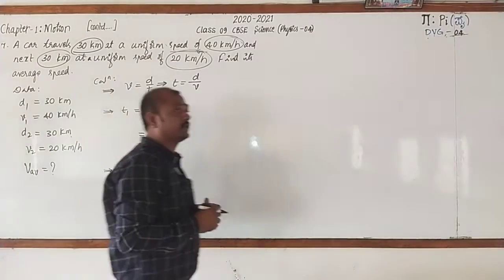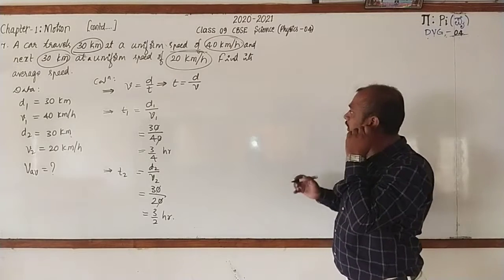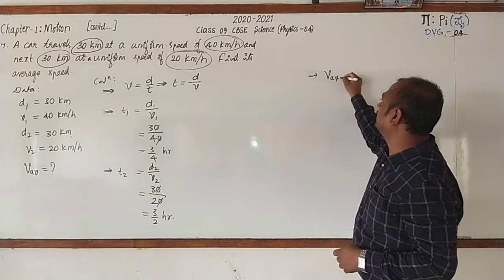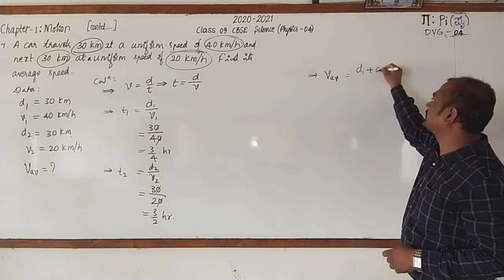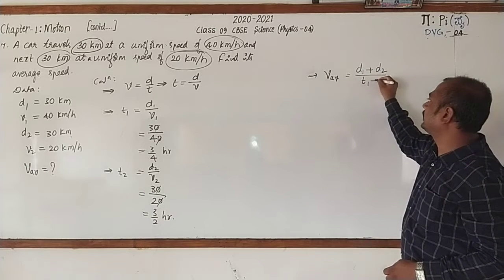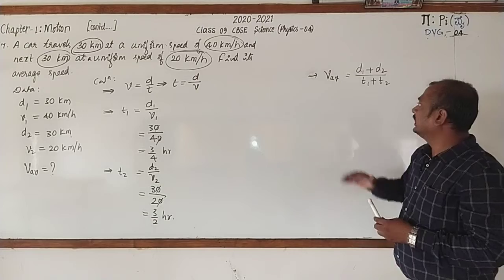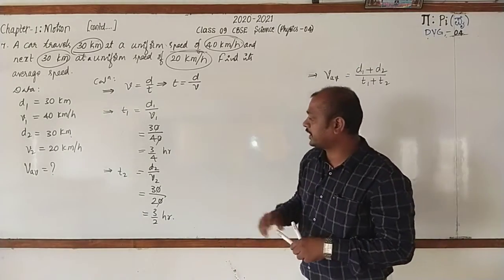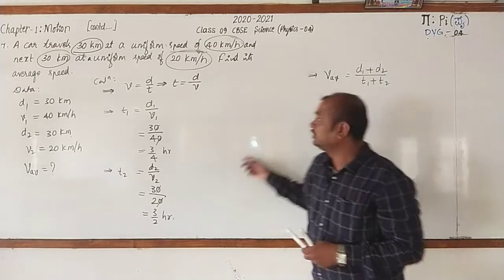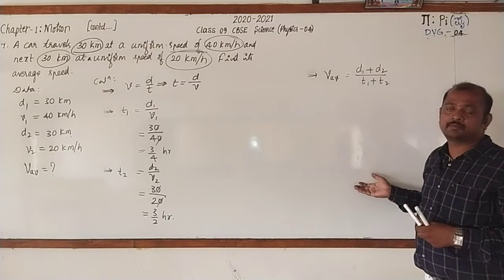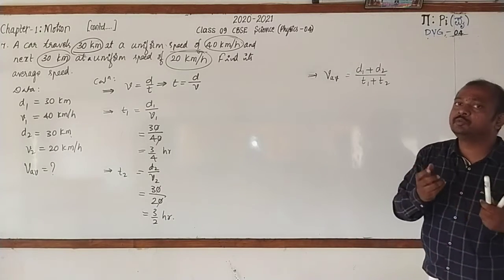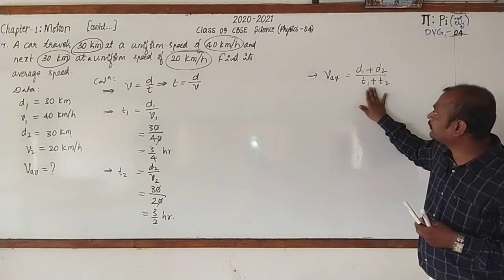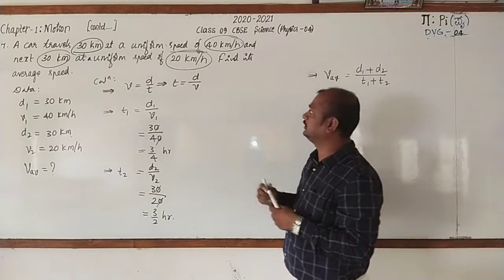Next, let us substitute them in the formula. What is that formula? VAV is equal to D1 plus D2 by T1 plus T2. See, as T1 and T2 are fractions, it takes more steps for simplification, or you may find discomfort solving this. Hence, I go for finding T1 plus T2 first.